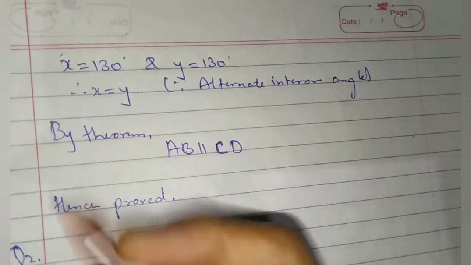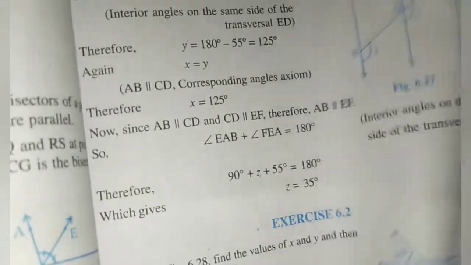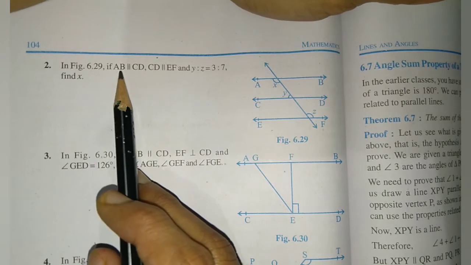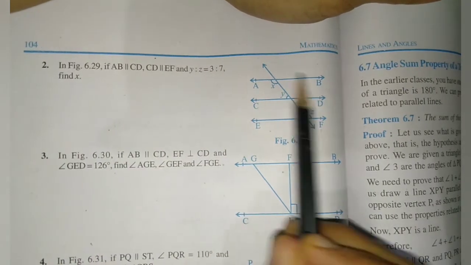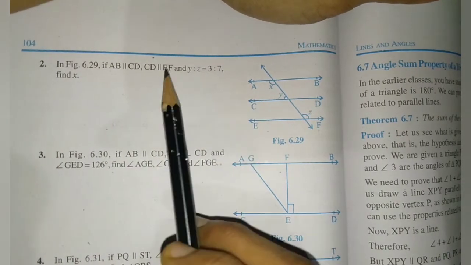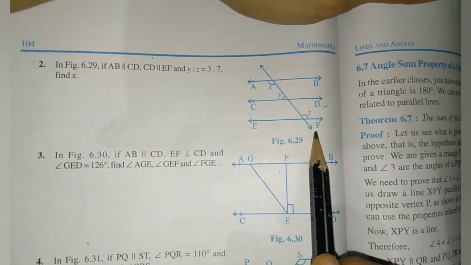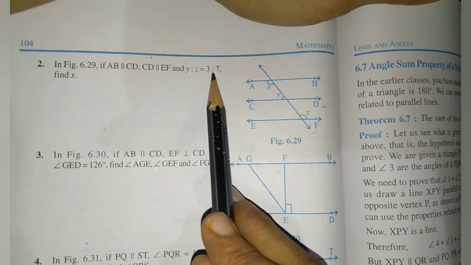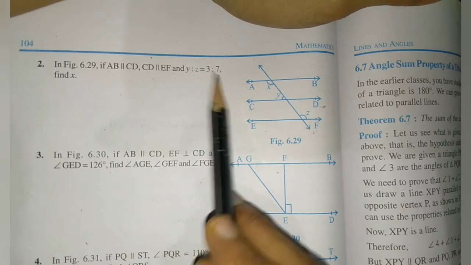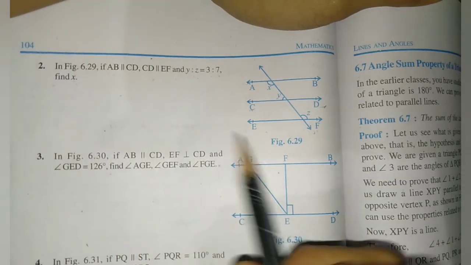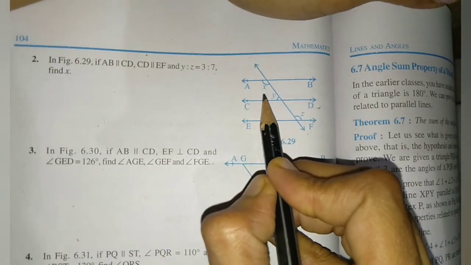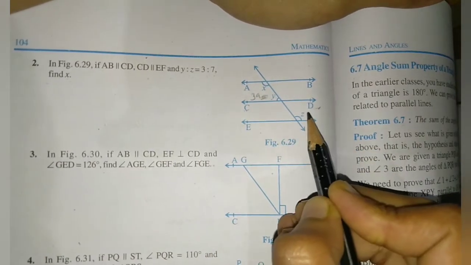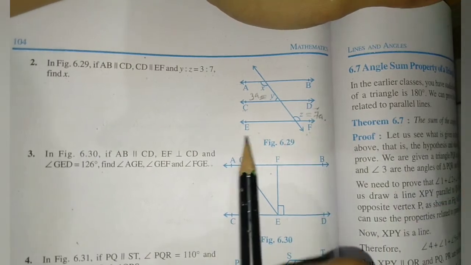Now question number 2. In figure 6.29, if AB is parallel to CD and CD is parallel to EF, and y ratio z equal to 3:7, then find x. Now this is a ratio, so we can take 3a and 7a.